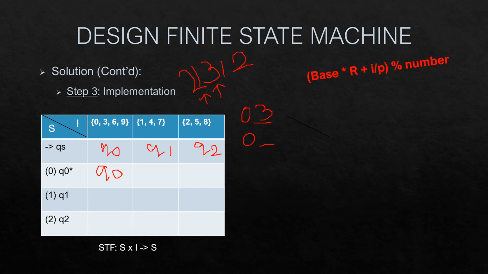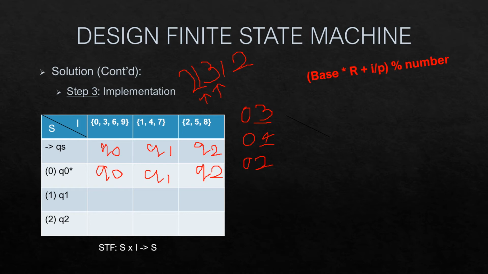If the next input is 1, 4 or 7, then when I divide the number by 3, I know I will get remainder 1. So I have to transit to Q1 state. Next, if the previous remainder was 0 and the next digit is 2, 5 or 8, I am going to get remainder 2. So I have to transit to Q2 state.